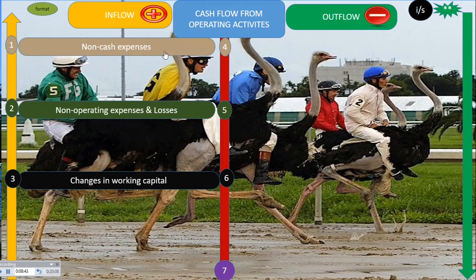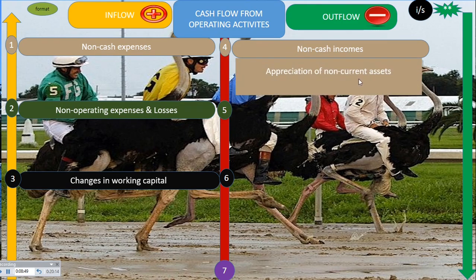So non-cash income, for example, appreciation of non-current assets, is added in your income statement. So we need to subtract it to get cash flow from operating activities.